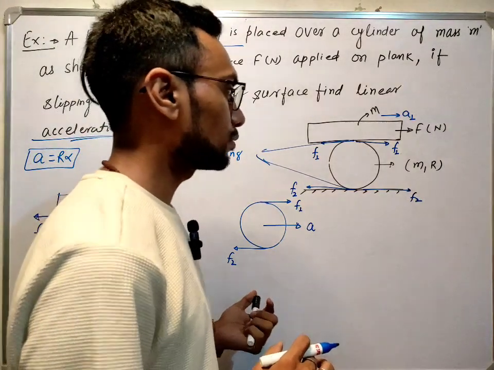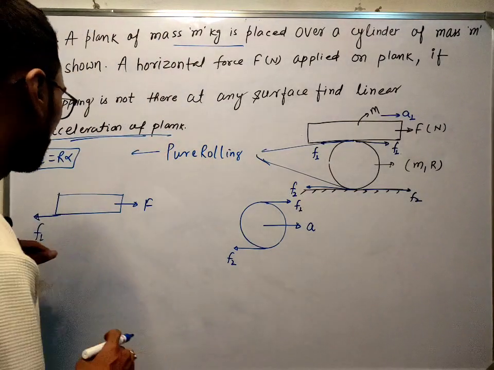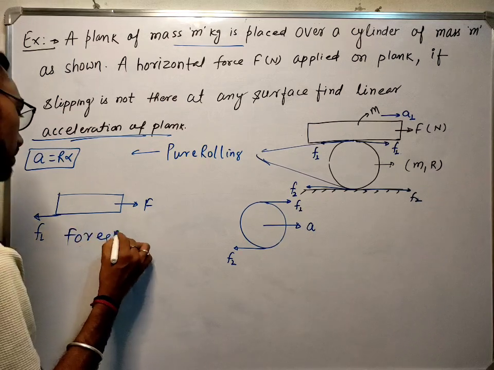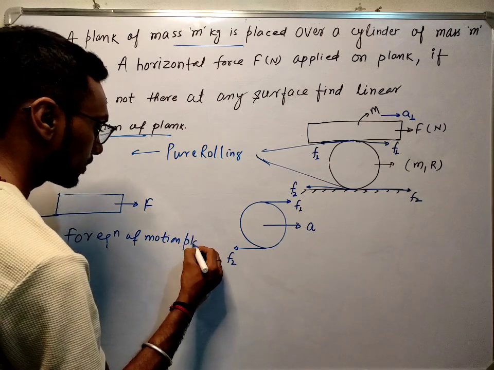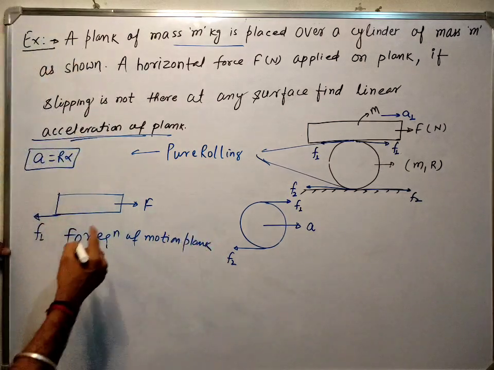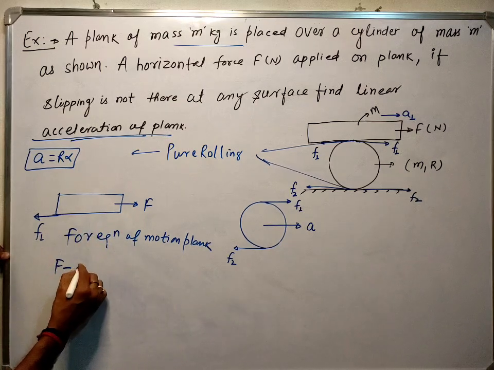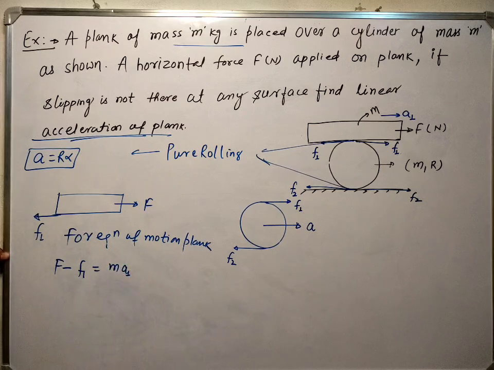First of all we write the equation of motion of the plank. From Newton's second law, applied force minus opposing force equals m a.